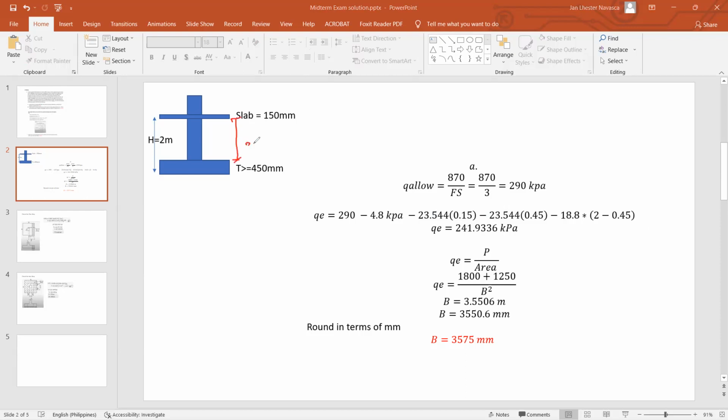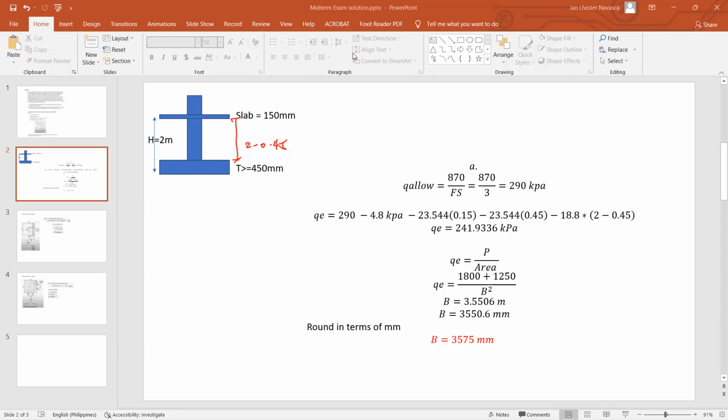That is 2 minus 0.45 meters. So therefore, you have your Q sub E, which is the effective soil pressure, okay, is 241.9336 kPa.